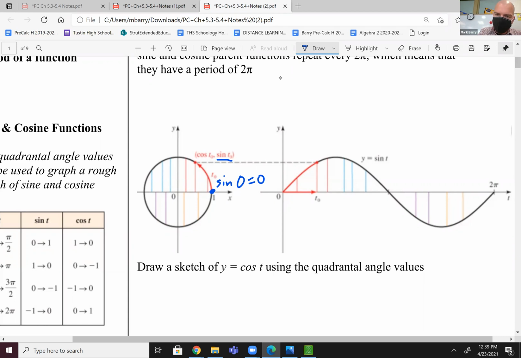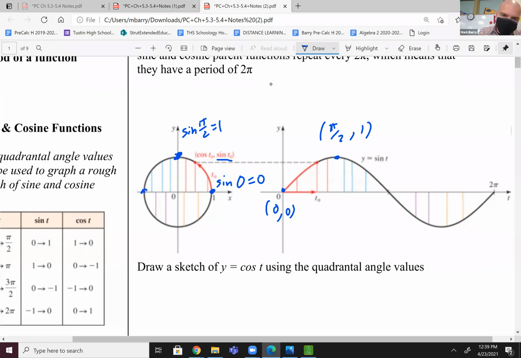So sine of 0 equals 0, which means we start off at this point, (0, 0). Then if we went up here to this point is pi over 2. So if I was looking for the sine of pi over 2, if you remember on your unit circle, that's actually 1. And so that's why this point up here is (pi over 2, 1).